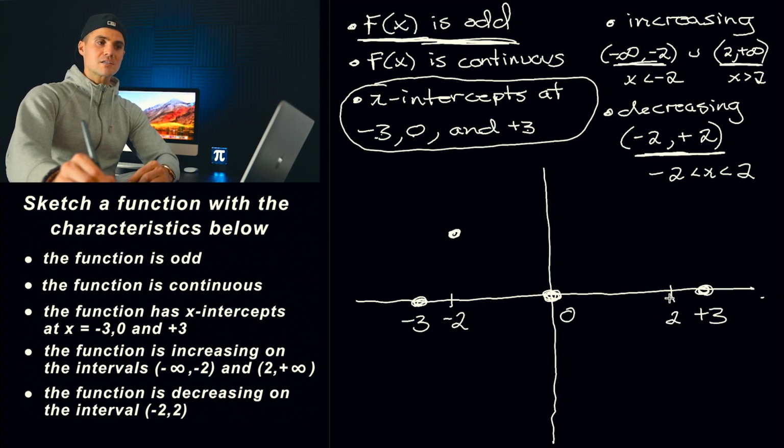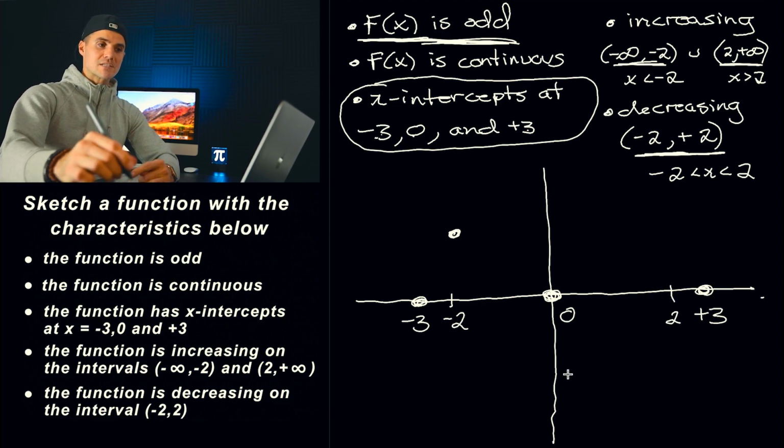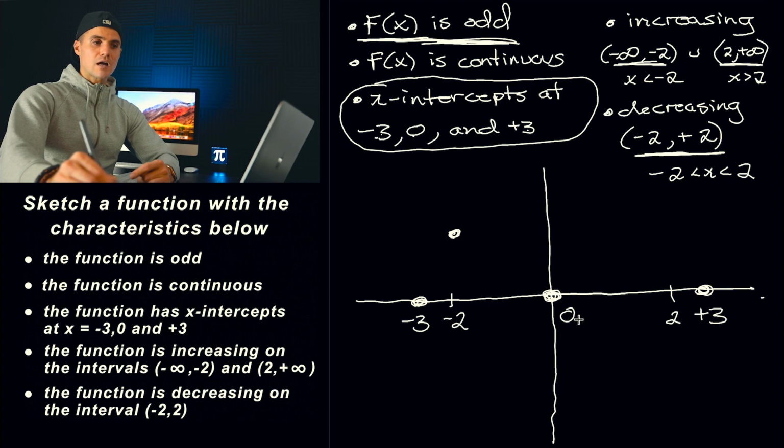And then notice that at +2, it's going to be the opposite. It's going to be decreasing up until +2, and then after +2 to infinity, it's going to be increasing. So we know that at an x value of +2, there's going to be a local minimum.